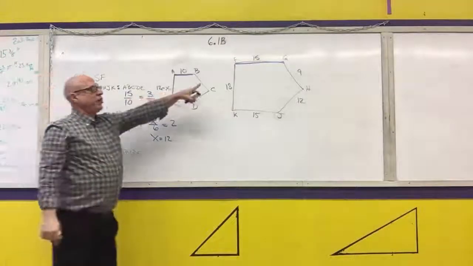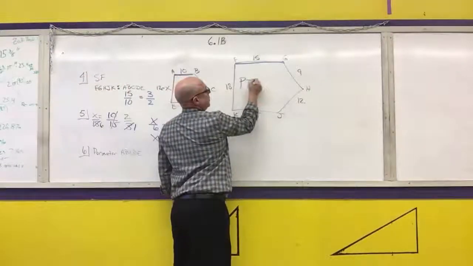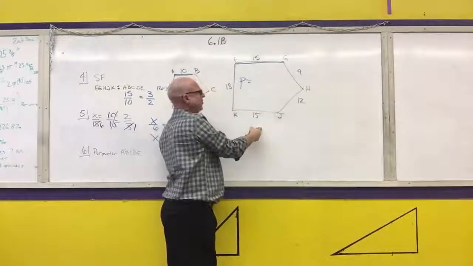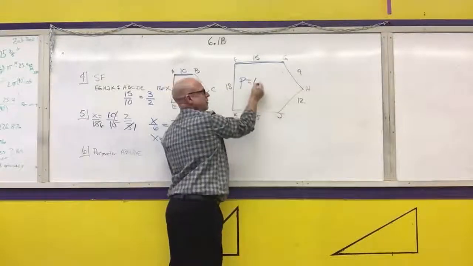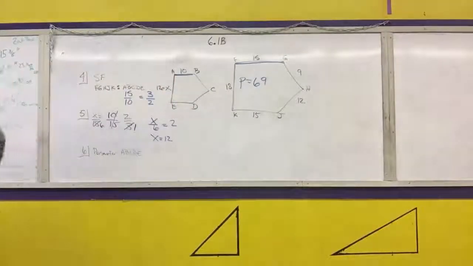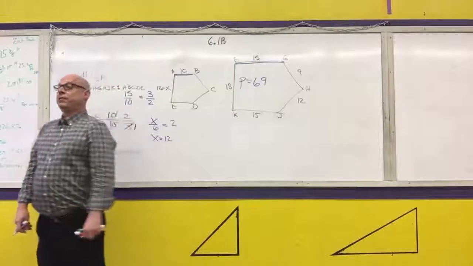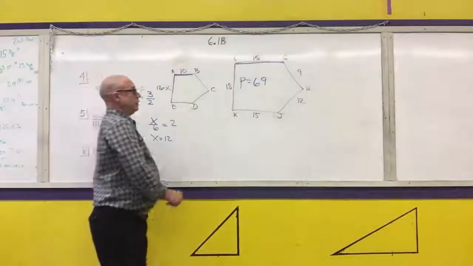So what I want to do is figure out the perimeter of the big one. 24 plus 12 is 36, plus 15 is 51, plus that would be 69. What is 2/3 of 69? What's 69 divided by 3, people? 23.